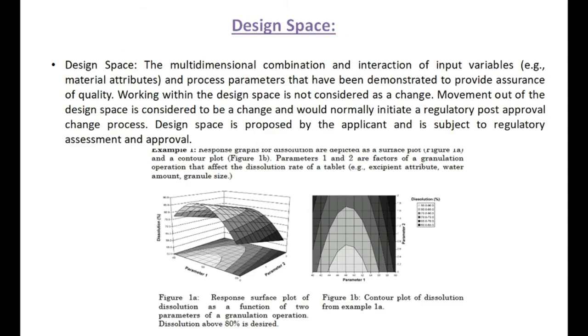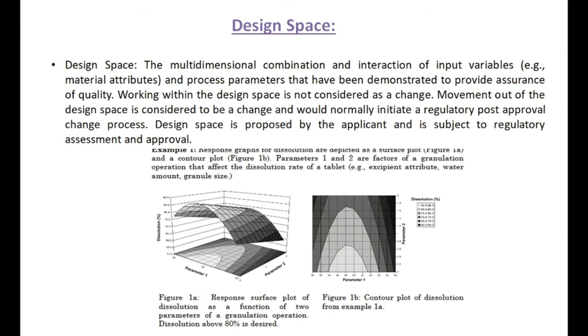Let's see about another element of QbD, that is called design space, and it can be defined as the multidimensional combination and interaction of input variables and process parameters that have been demonstrated to provide assurance of quality. Right?